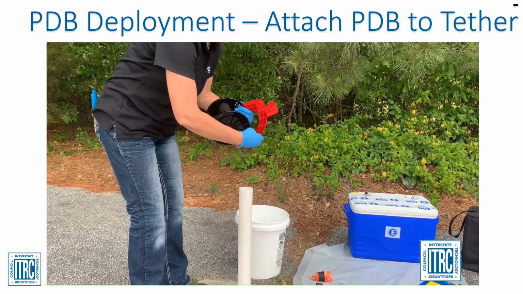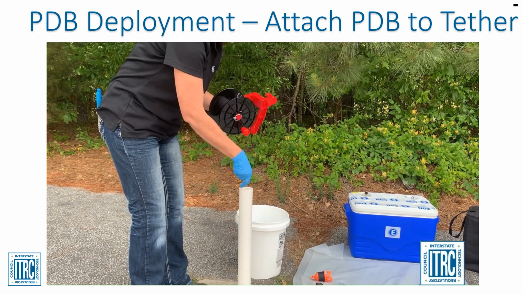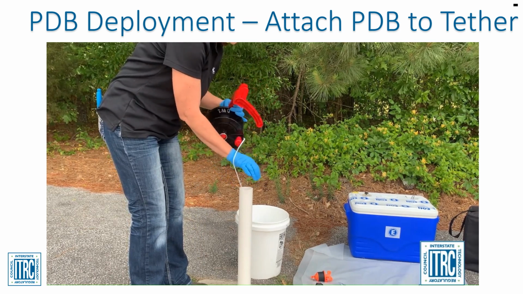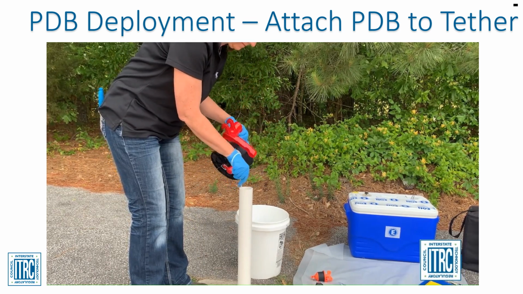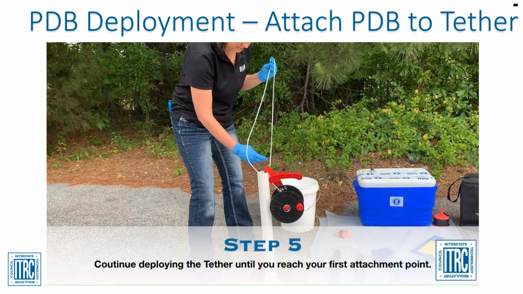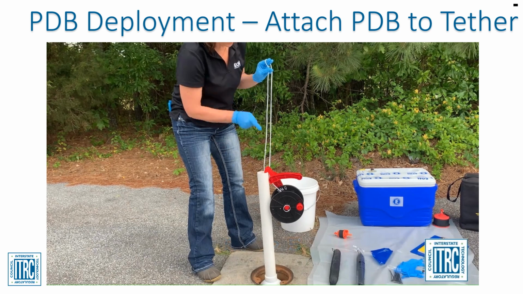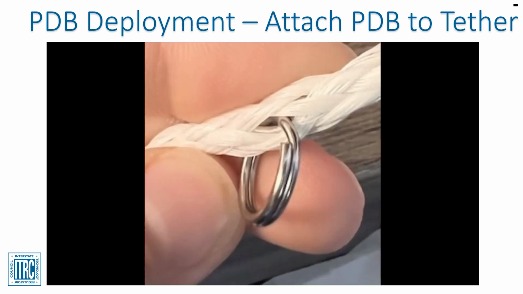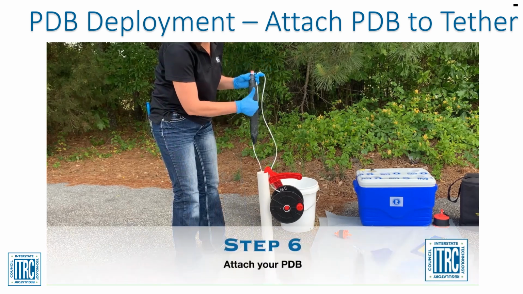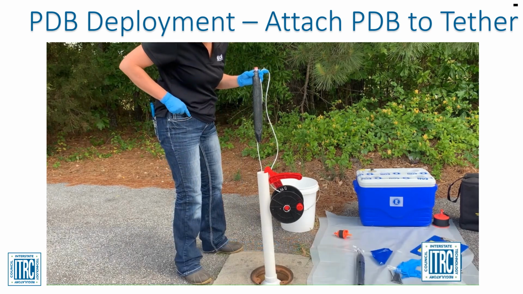Start to unspool the tether and check to be sure the weight is securely attached to the bottom of the tether. Place the weighted end of the tether into the well, or hang from a tripod so that the first pair of connection rings is reached. The PDB should fit between the rings.